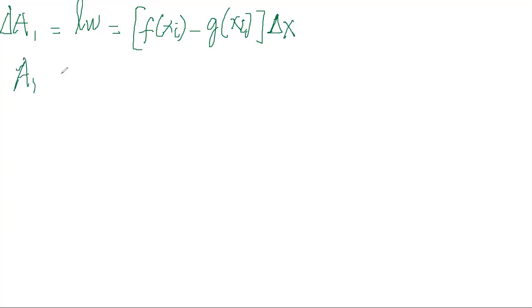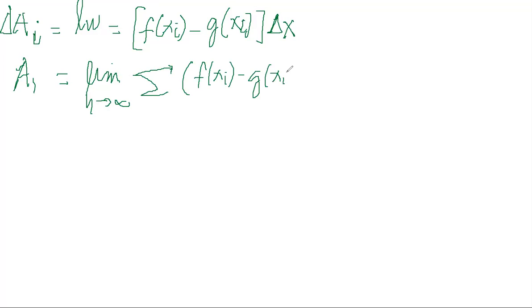And using the Riemann sums, A sub 1 is equal to the limit as n approaches infinity of the summation of f of x sub i minus g of x sub i times delta x, from i equals 1 to n.